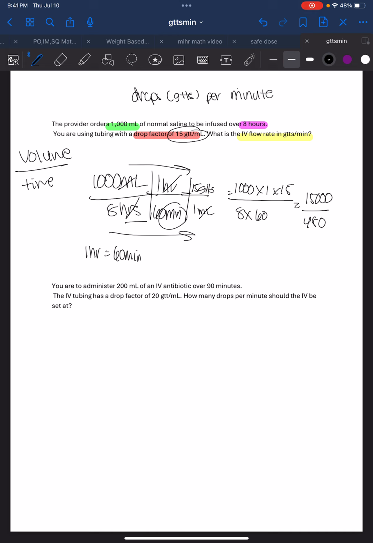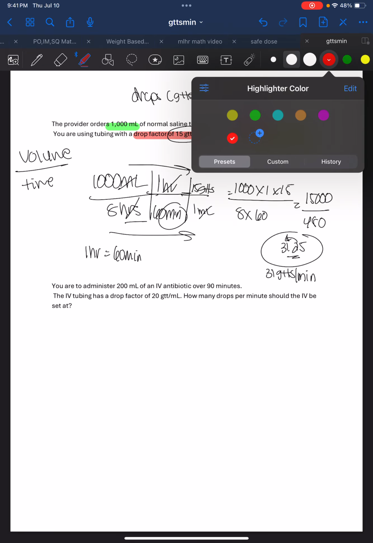The answer to that will be 31.25. But we know in IV we can't have any decimals. So when you look at the 2, that tells us to keep 31 the same, and it'll be 31 drops per minute.